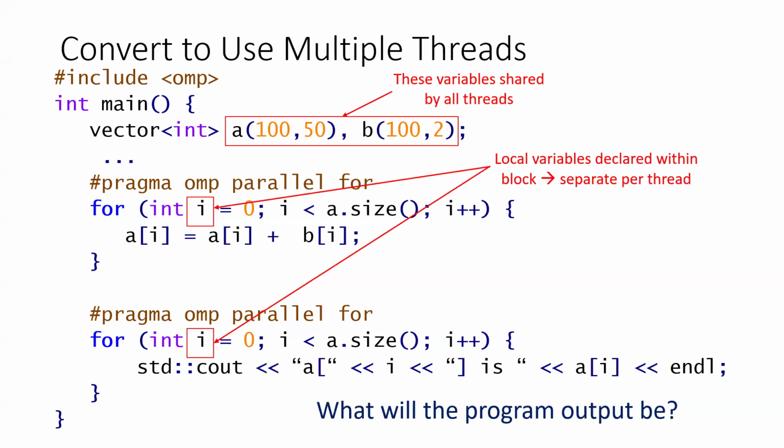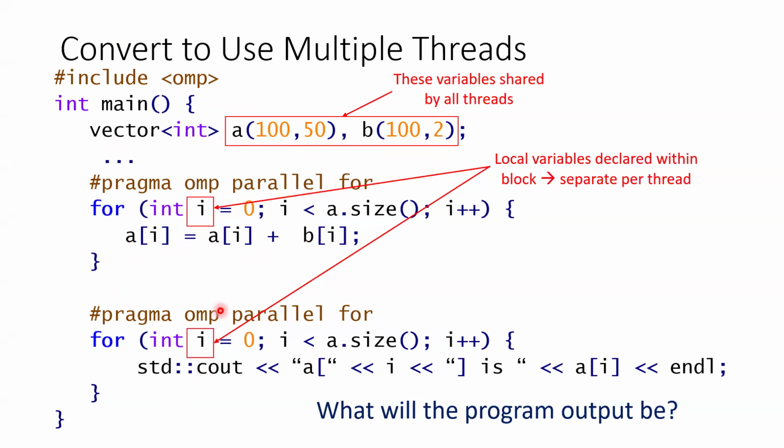In this case, what will the program output be? So we're initializing vectors A to 50s, B to 2s. In the first parallel for, we are setting A[i] to A[i] plus B[i].